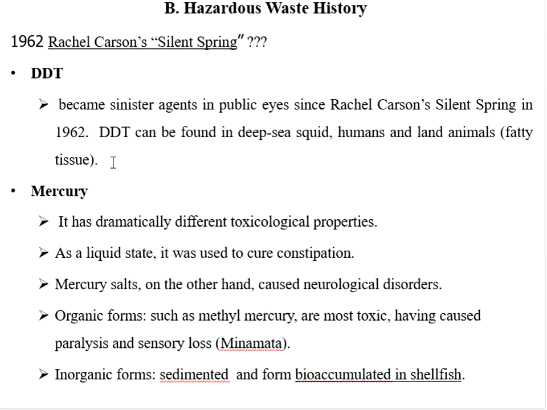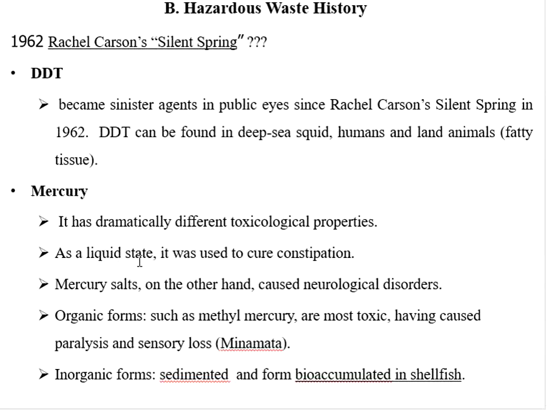Now, DDT can be found in deep sea liquid, which is absorbed by humans and land animals, in what is known as fatty tissue. Why? Because DDT is lipophilic, that means it's hydrophobic.